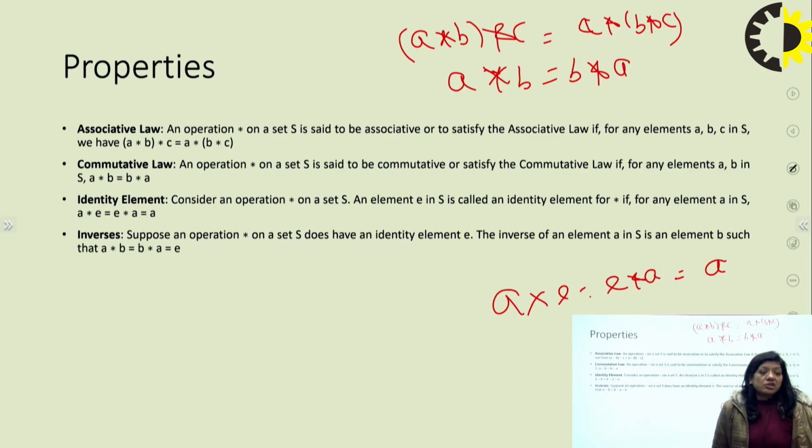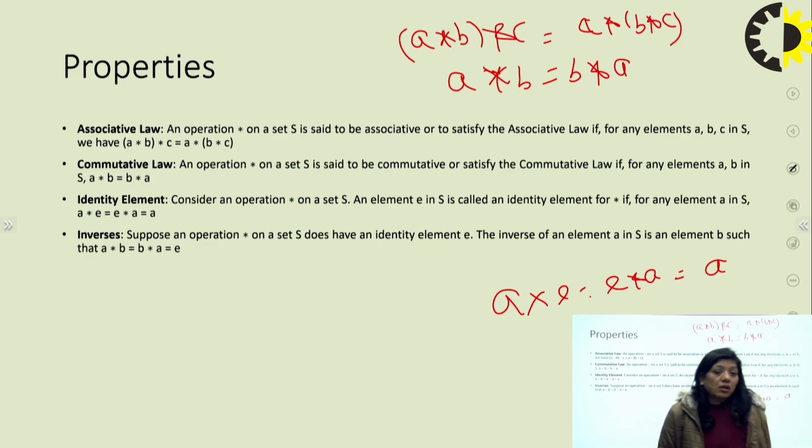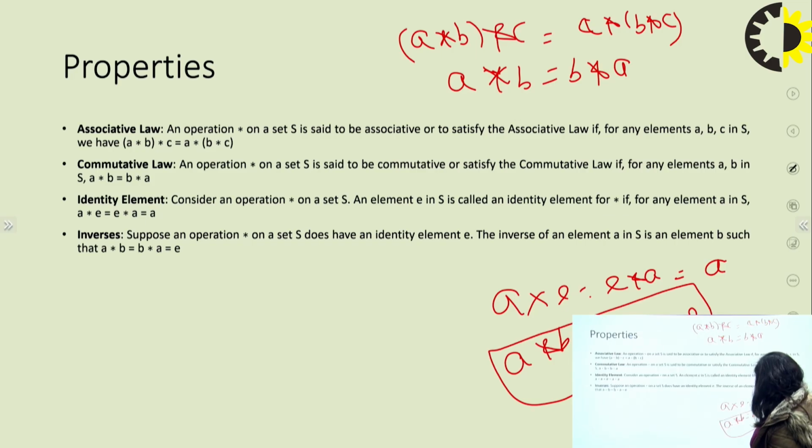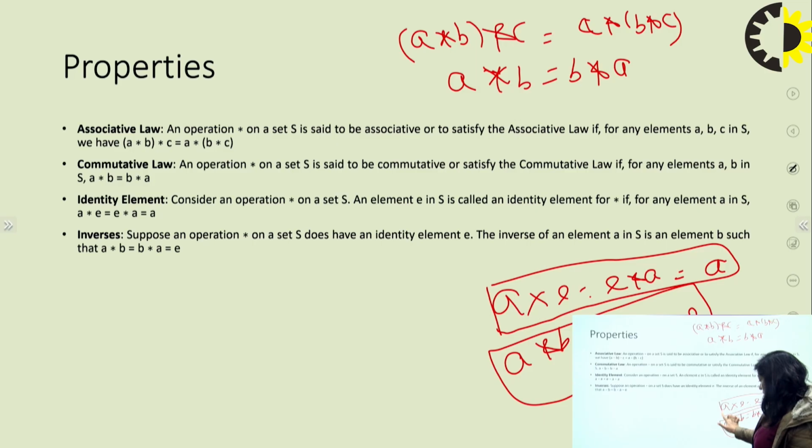Suppose an operation of multiplication on a set S has an identity element E. Then the inverse of an element A in S is an element B such that A cross B is equal to B cross A is equal to E. If this property is satisfied, then we can say the inverse of each element exists in the set S.